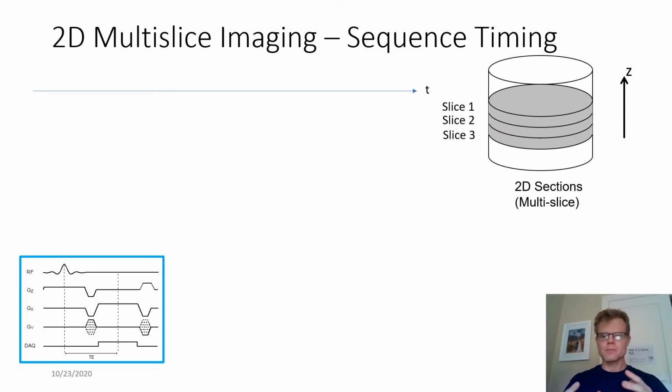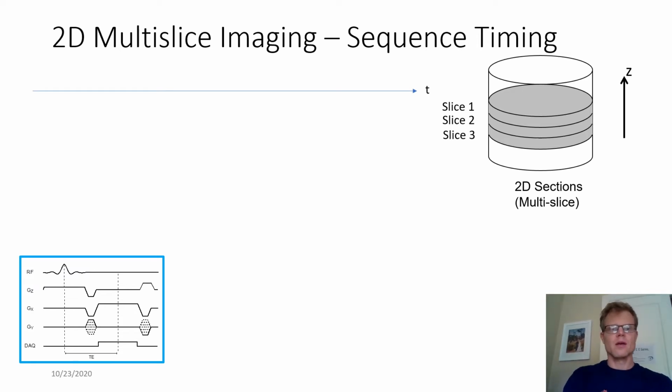Okay, so now that we've got the shifting of our slices by frequency modulating the slice selection RF pulses, now I want to look at how we do the timing of a 2D multi-slice imaging. And the way I'm going to draw this, you see we've got a little blue box around our main gradient echo pulse sequence.